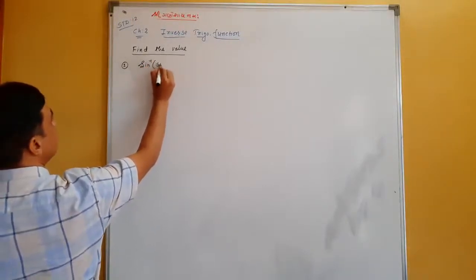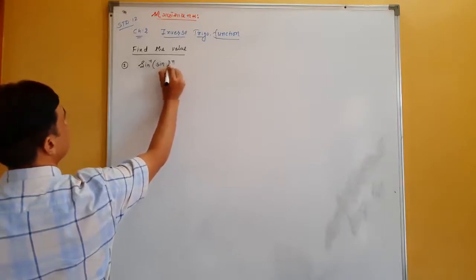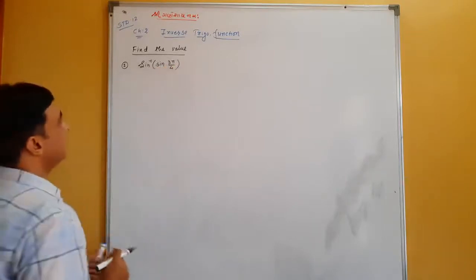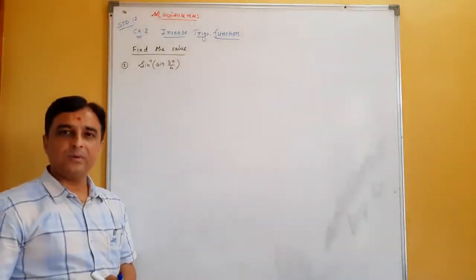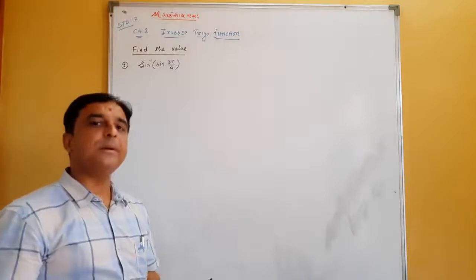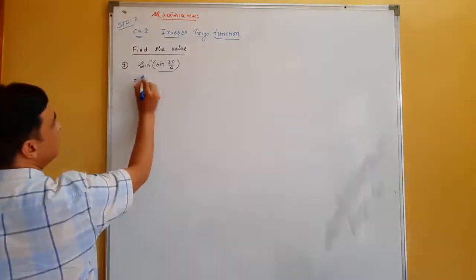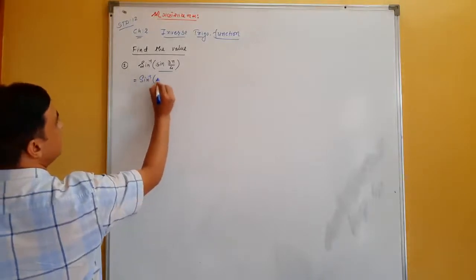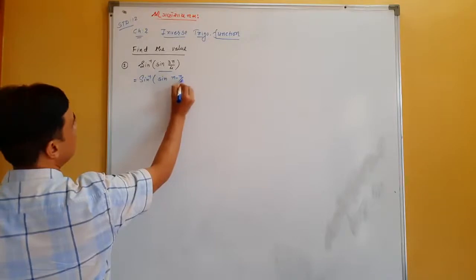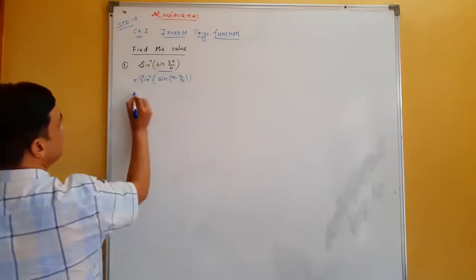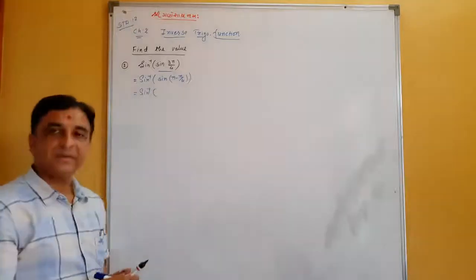Sine inverse sine 3 pi by 4. So it has two different ways. We know the value of sine 3 pi by 4. So first way, sine pi minus pi by 4, and it will be sine, pi minus, second quadrant.